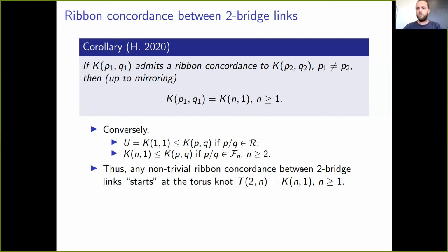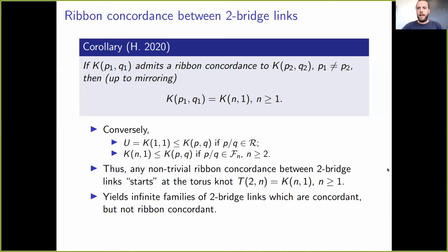One of the two has to be of this very special form. And this yields infinite families of two-bridge links which are concordant but not ribbon concordant, similarly to the lens space case. So it yields infinitely many infinite families.